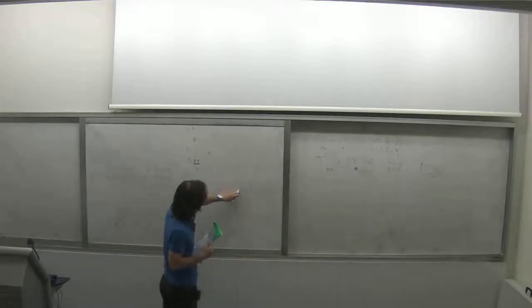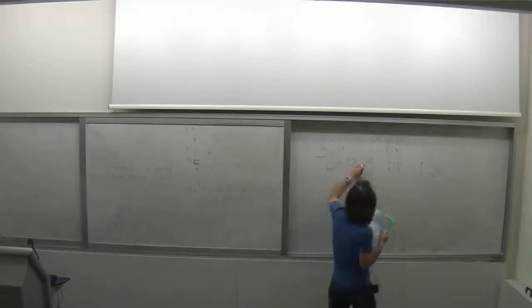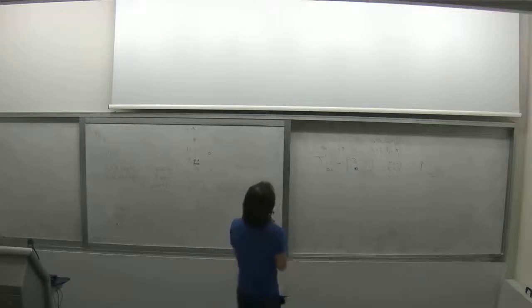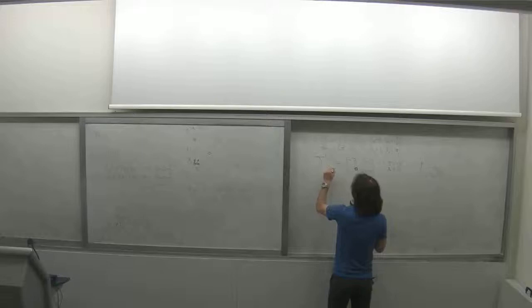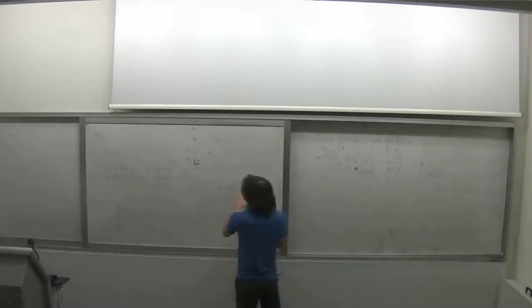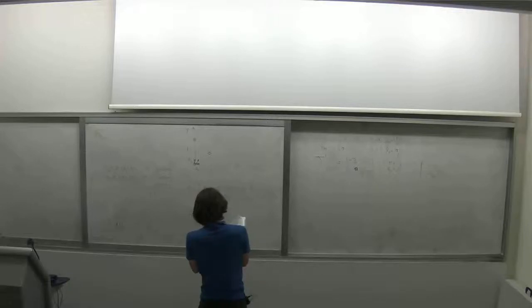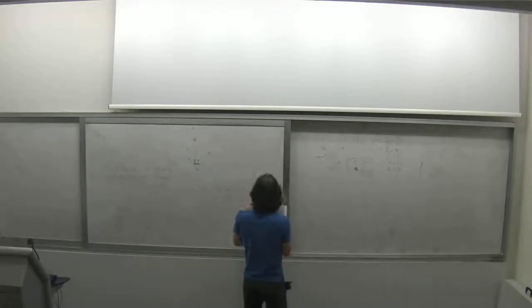Yes, exactly. It's supposed to be minus 2x. The point is 3, 0 though, not 0, 3. Right? Yes. You're right. Okay.